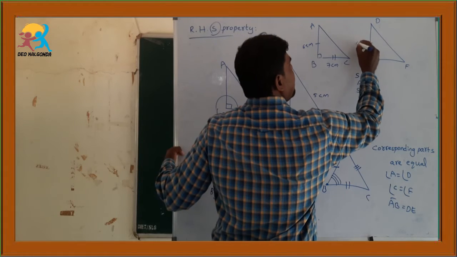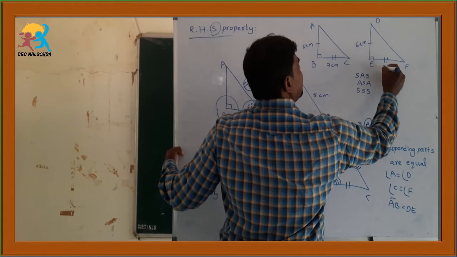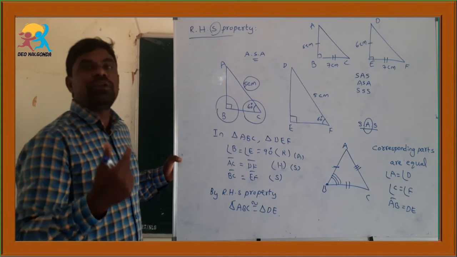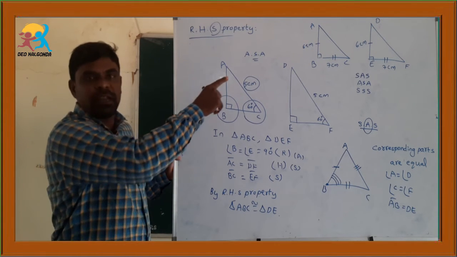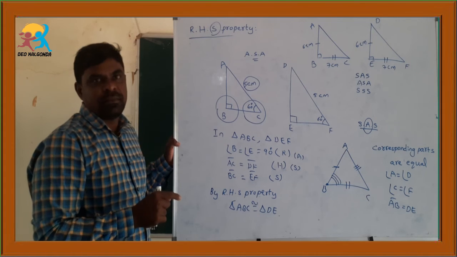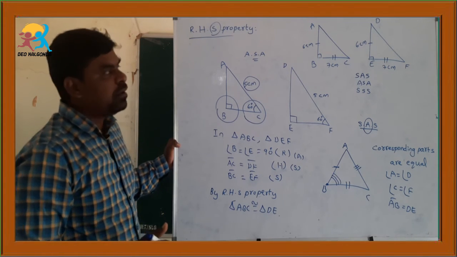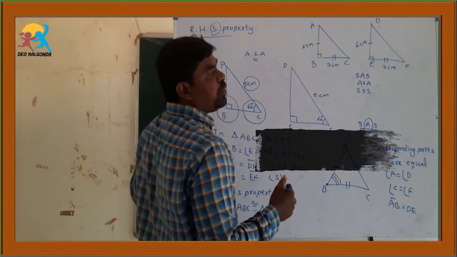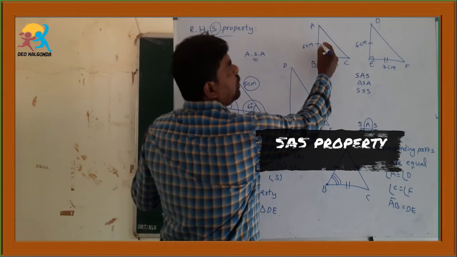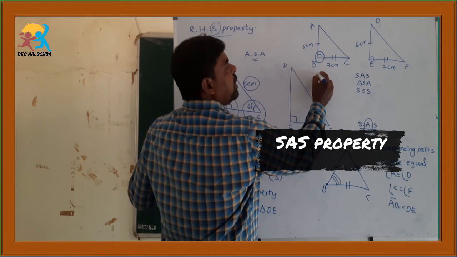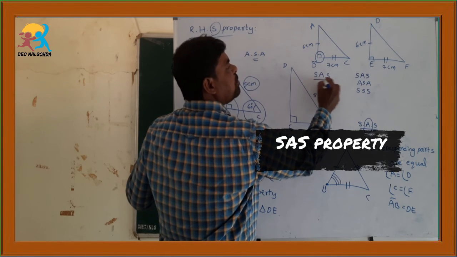The same way, here it is 6 centimeters, it is 7 centimeters. Here, which property do we have to use? Actually, we have the right angle. Is it possible to use RHS property? No. Here, which property do we have to use then? Two sides and one included angle. So, here we have to use SAS property.